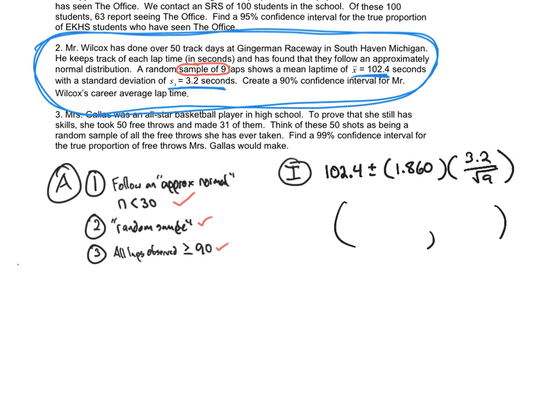Now hopefully you saw it, like if you're using your calculator, when you do t-interval, you're going to have to do the stats section, not the data section, because you don't actually have data to put in there.